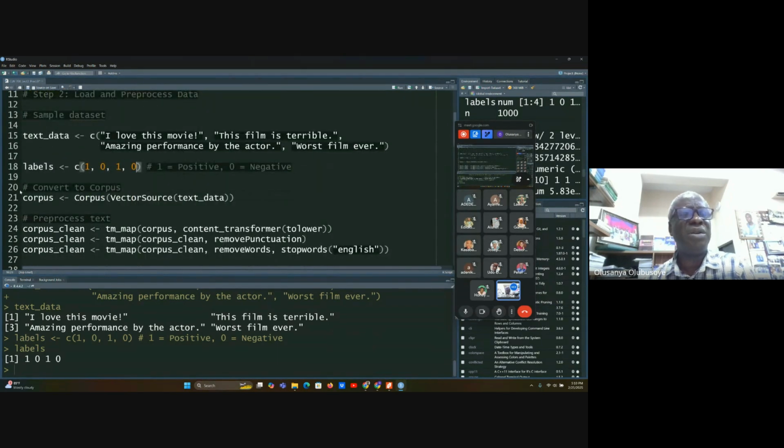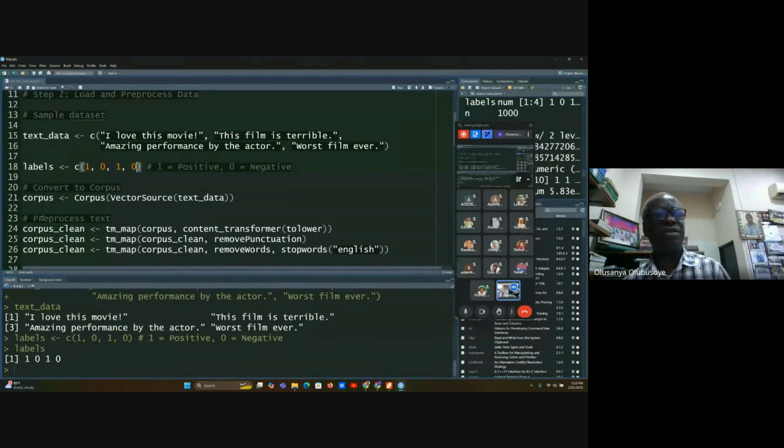Now, you already know what corpus means. Corpus is a collection of documents. So we will now use the corpus function to bring these documents together. So it will see this as a document, this as another document, and so on. So we will be able to have 4 documents.